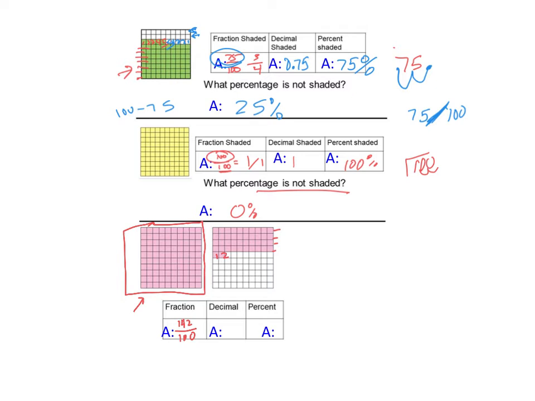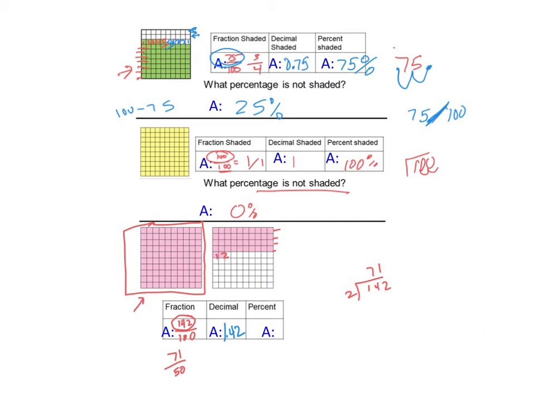Now to reduce, I'm going to divide by 2. 71 over 50, that's it, reduced. As a decimal, so I take this number, and if I'm dividing by 100, that means I am moving my decimal 2 places to the left, 1.42.